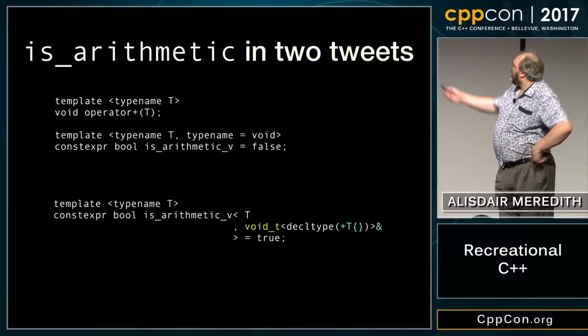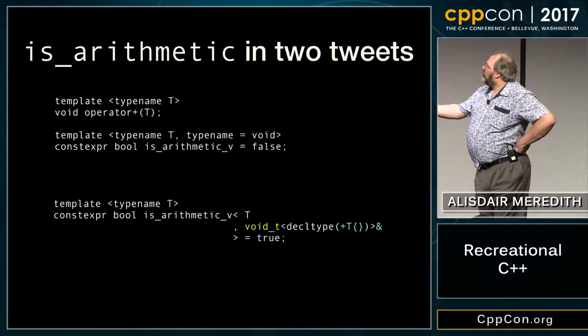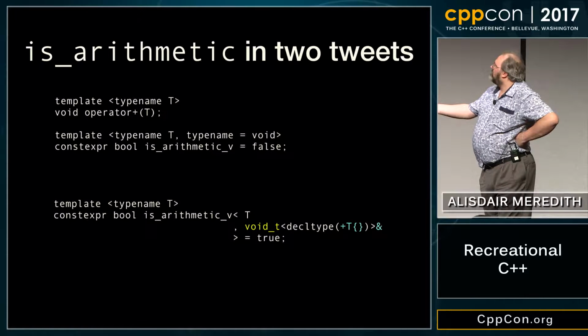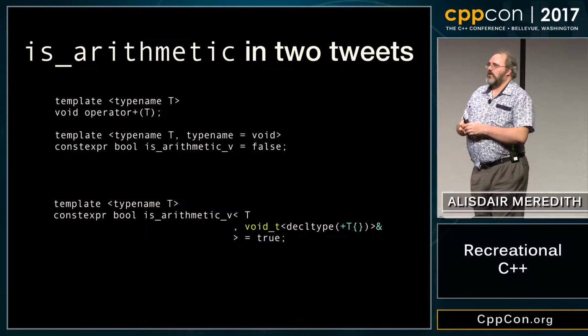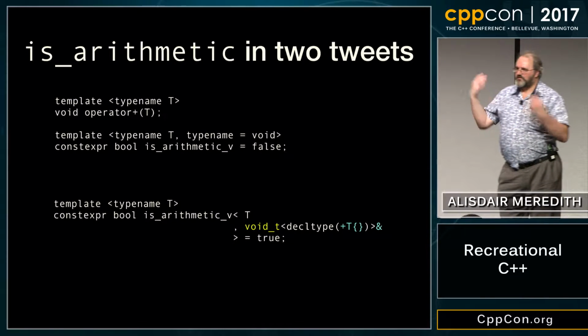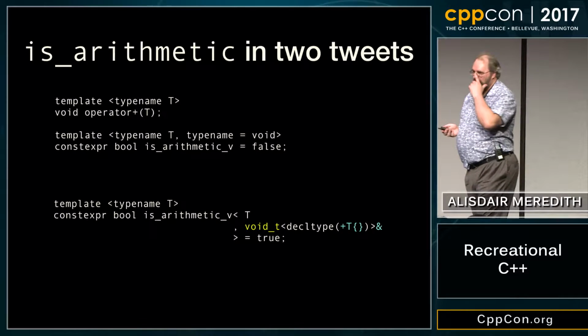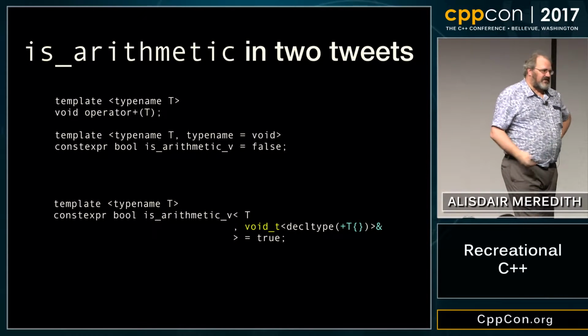So for anything that supports unary operator plus on a default constructed or value initialized version of that object, it doesn't hit this operation, because that returns void and I'm not allowed to create a reference to void. So this is how I force this finite constraint all the way through. Now I have a syntax that says this will only match for arithmetic types.